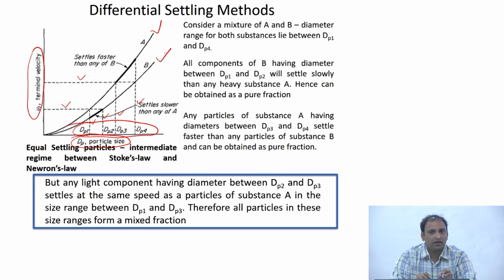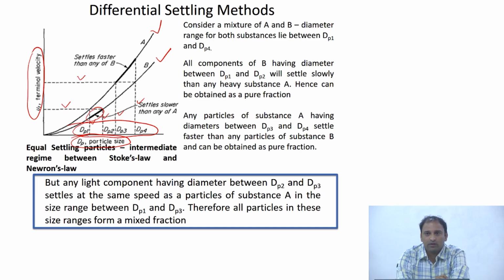This is the plot for how the terminal velocity varies as a function of particle size for the B type of particle. Now, what can I say about the size range from dp1 to dp2 of the B type of particle?